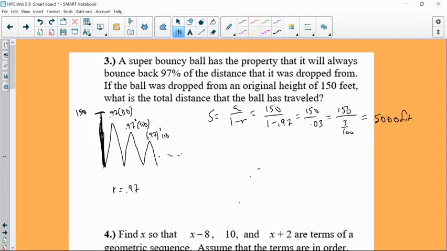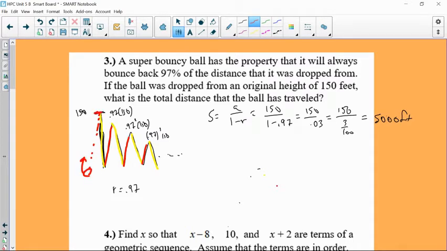Now, the thing is, that's only half the battle, because that's just the down. We have to also account for the fact that it's bouncing up. And so we're going to double those values, but there's one that doesn't get doubled, right? Because your ball's not starting from the ground shooting up.